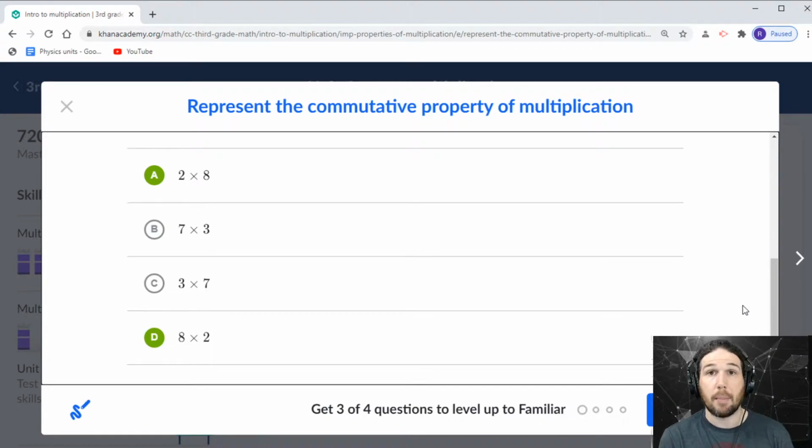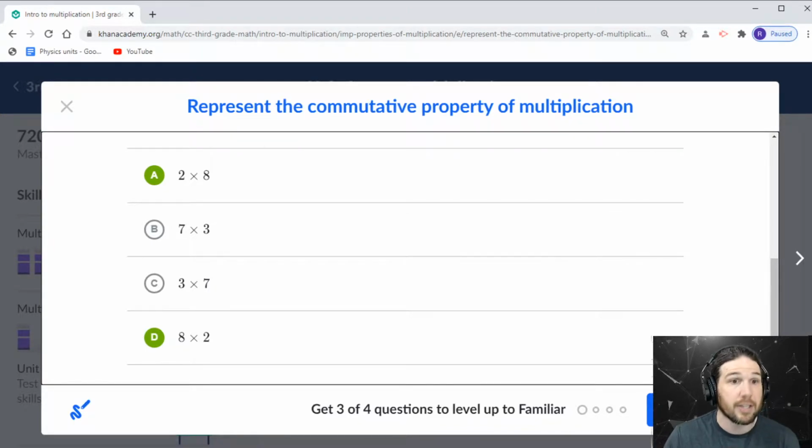It's really important to focus on these patterns, on the fact that you can do it in either direction, and students will latch onto that and bring it forward into algebra and beyond when they have to utilize those patterns again.